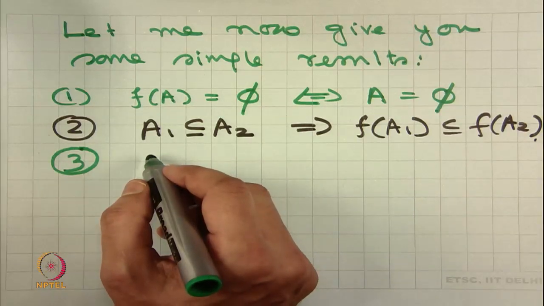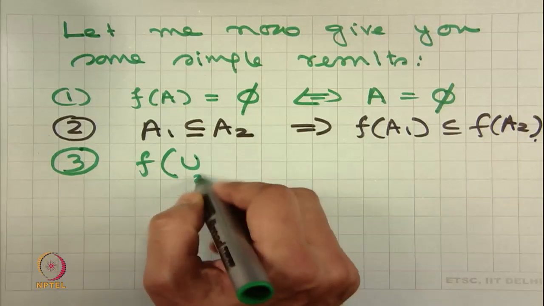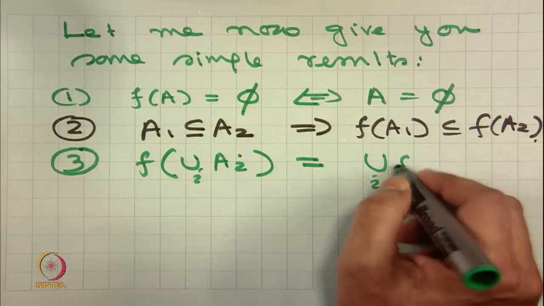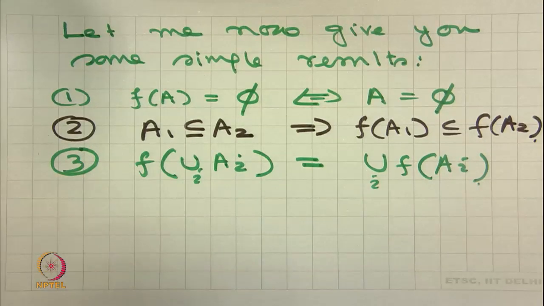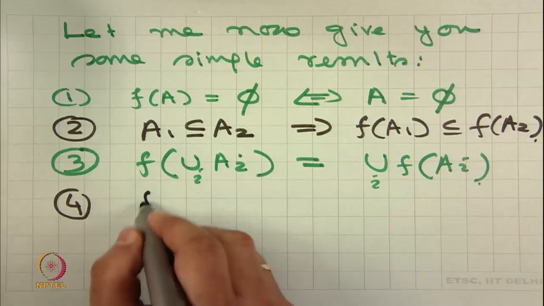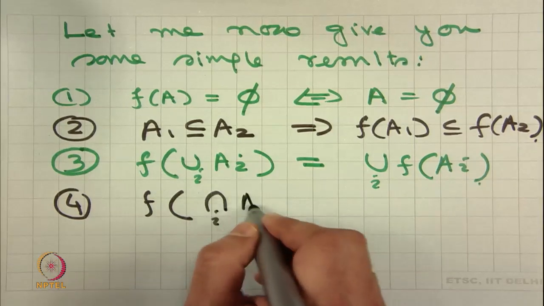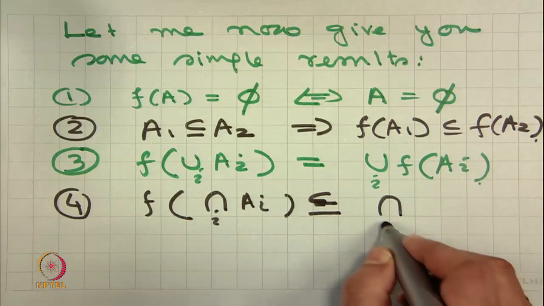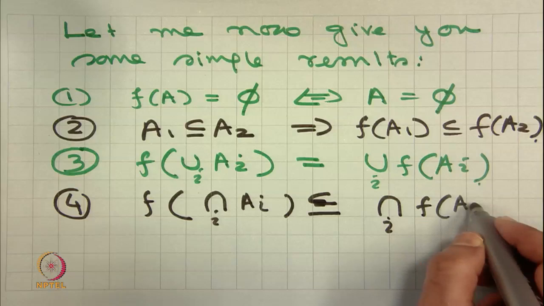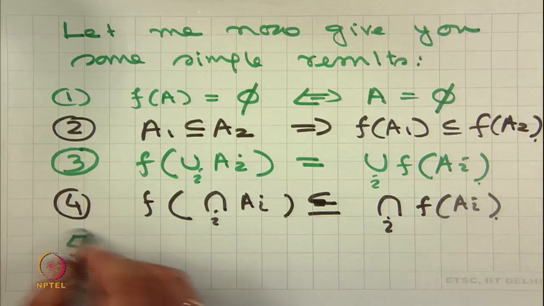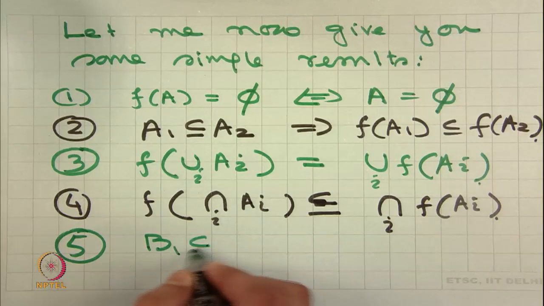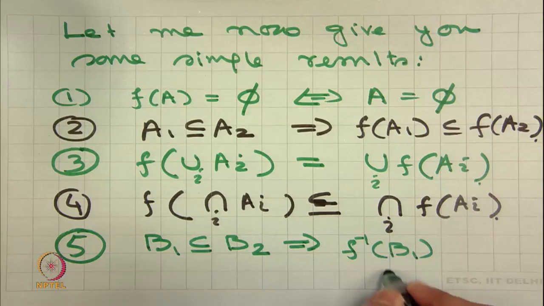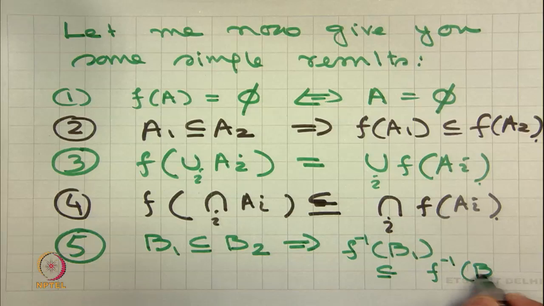Three, f of union over i of Ai is equal to union over i of f of Ai. Four, f of intersection over i of Ai is contained in intersection over i of f of Ai. Five, if B1 is contained in B2 implies f inverse B1 is contained in f inverse B2.